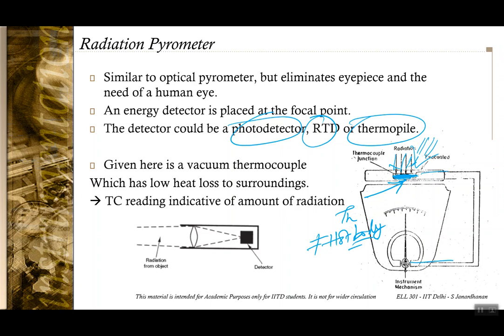It is not really equal to the hot body's temperature. And since the radiation that is falling is indicative of the hot body's temperature, TH is indirectly determined by the hot body temperature. They are not equal, but they have a one-to-one relationship.